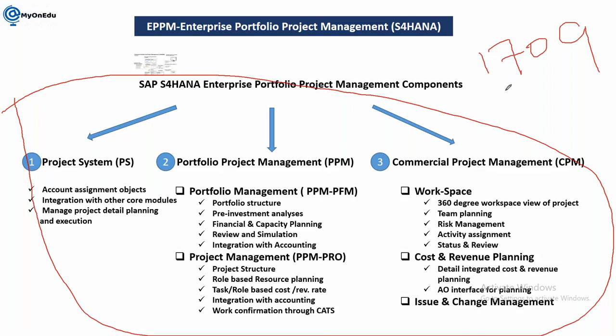Altogether it comes with your core system. There is no need to go with the add-on. Before 1709, we used to have a provision to keep it as an add-on. Even in 1609 and before that, EPPM and CPM were add-ons. But after that, it is a part of the same core system.